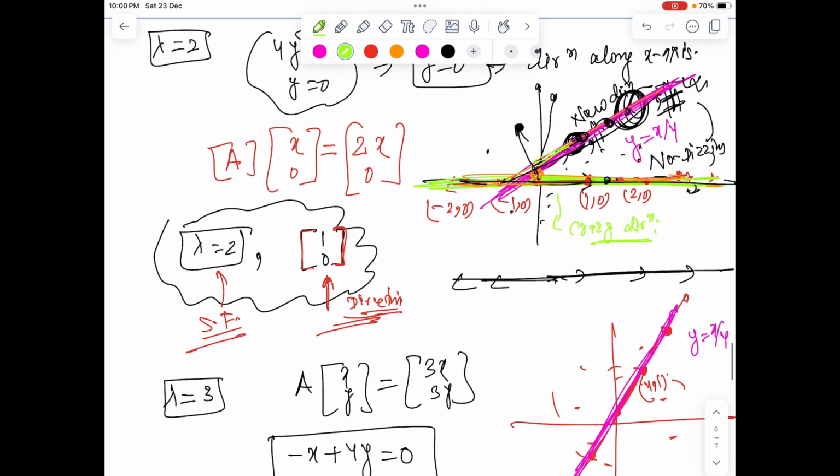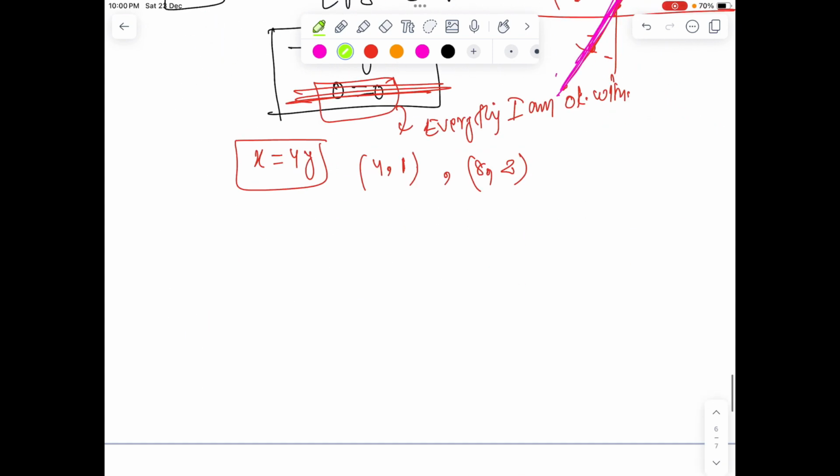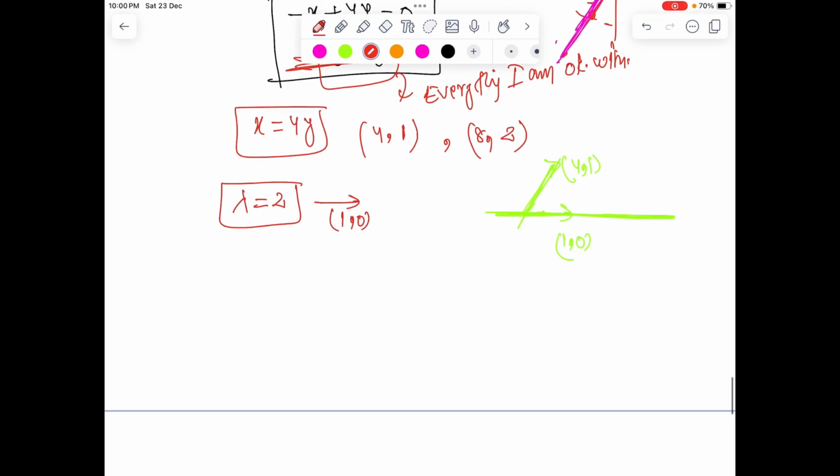In the language of mathematics, again I can take a reference vector along this direction. The simplest vector along the x direction was 1 comma 0, and I can take the simplest vector as 4 comma 1. So now we have got a final solution to our problem. Corresponding to lambda equals 2, we got a direction 1 comma 0. Corresponding to lambda equals 3, we got a direction 4 comma 1.